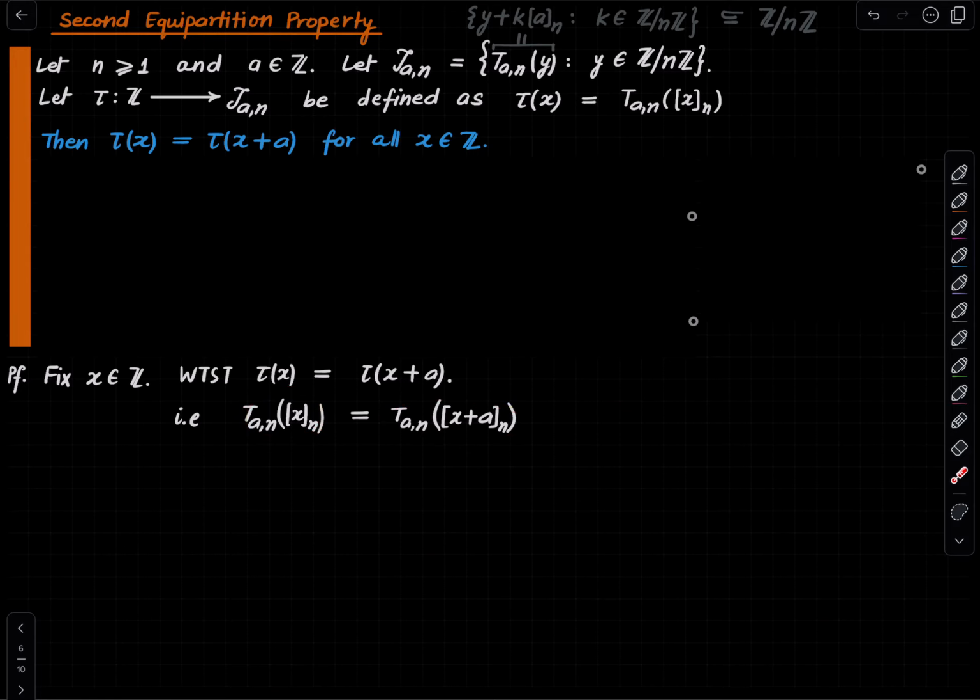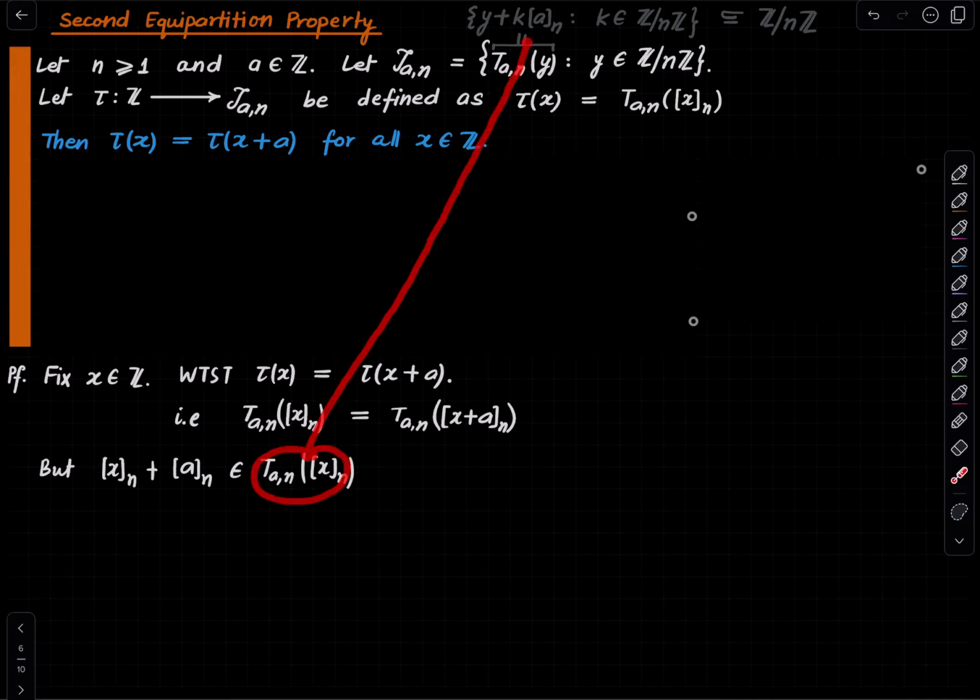All right, but note that this thing plus this thing is in the trajectory of x modulo n, because the definition of this asks that this be true.